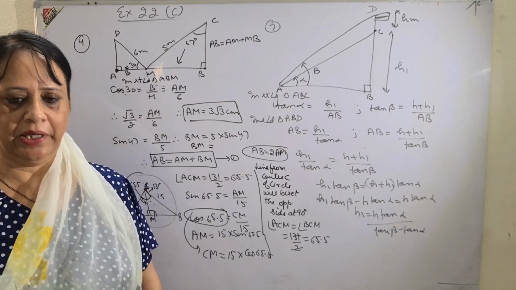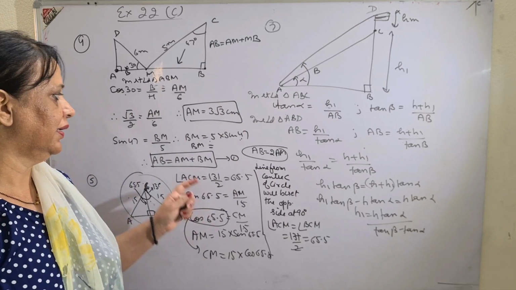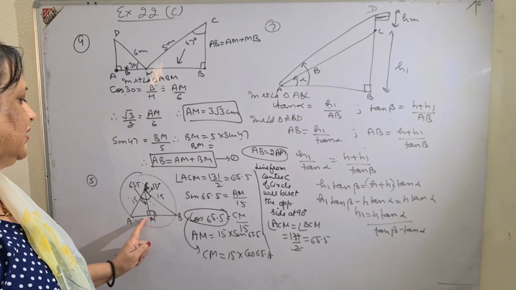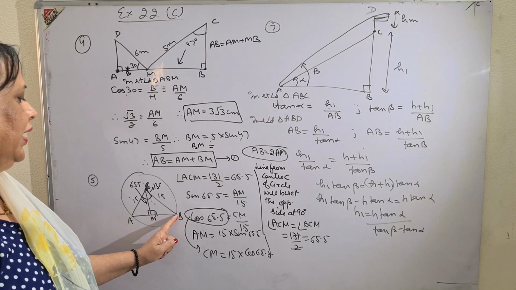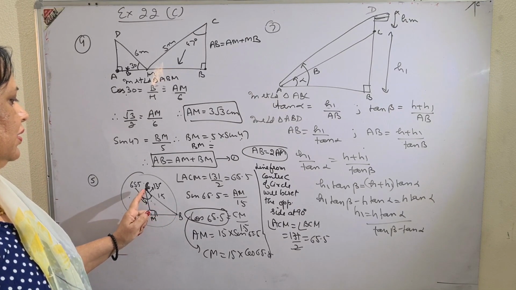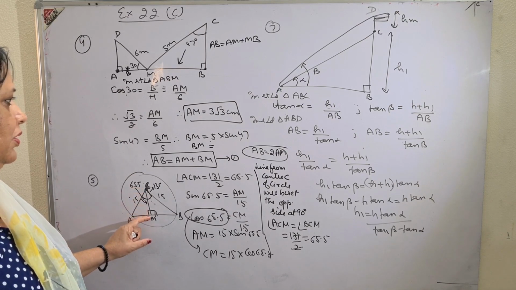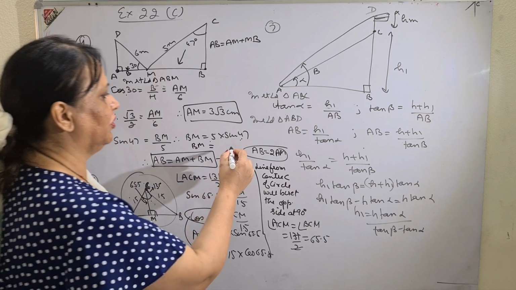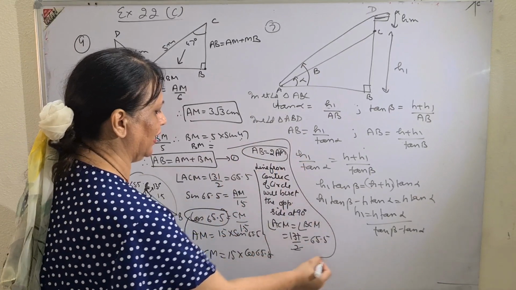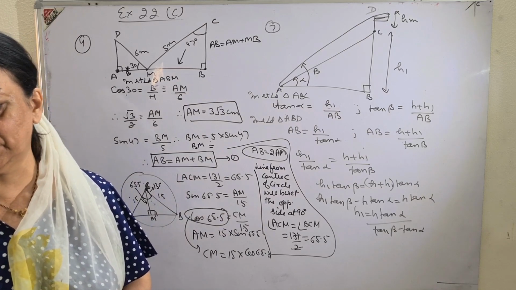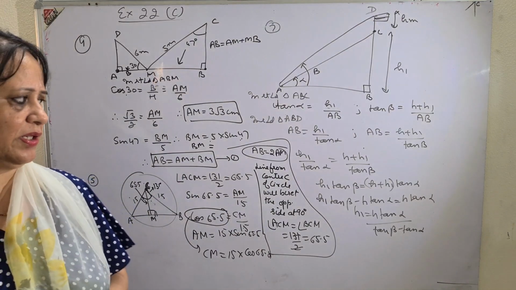Find the values of AM and CM. For AM you have to double, because you have been asked AB, and AB is double of AM. And CM is direct, it's the perpendicular distance of C from the chord. So this is your question. Just wanted to discuss, not very important, but they can come. Just remember the result that the line from the center C of the circle is the perpendicular bisector of the chord.